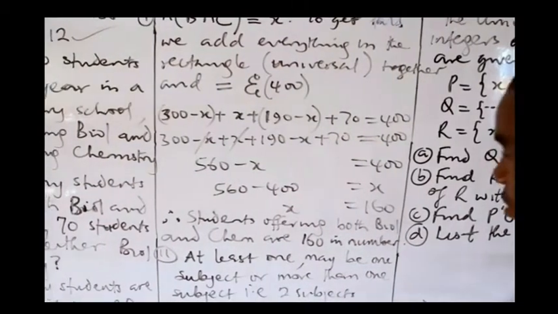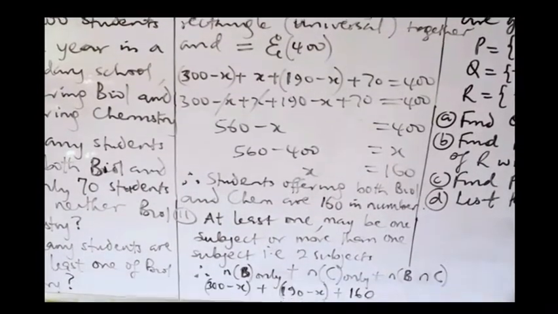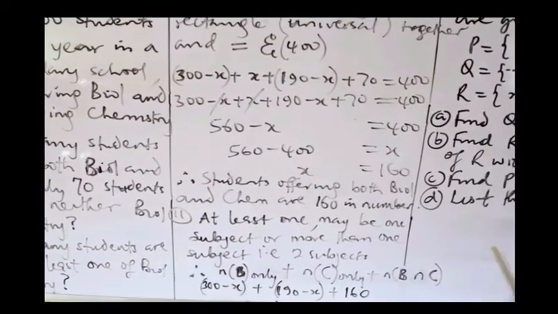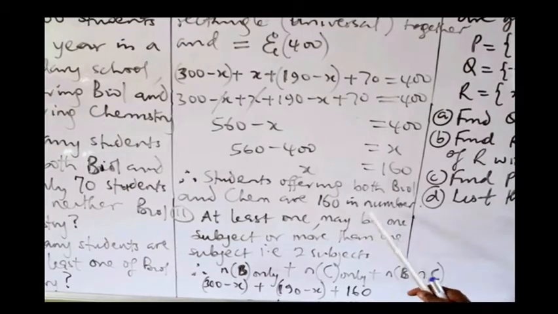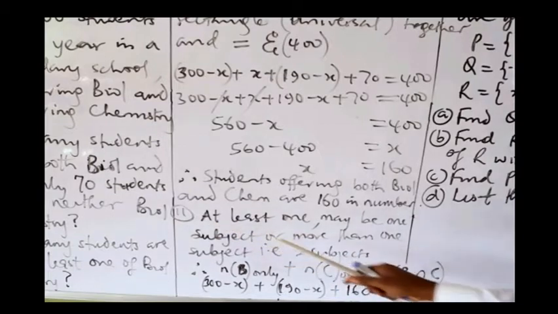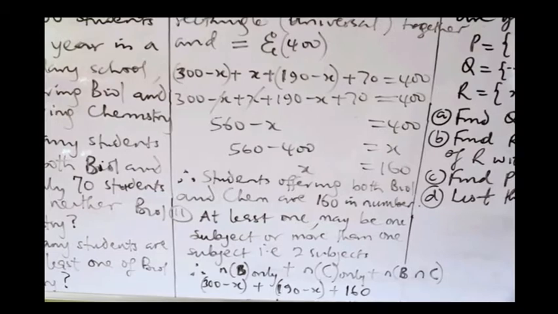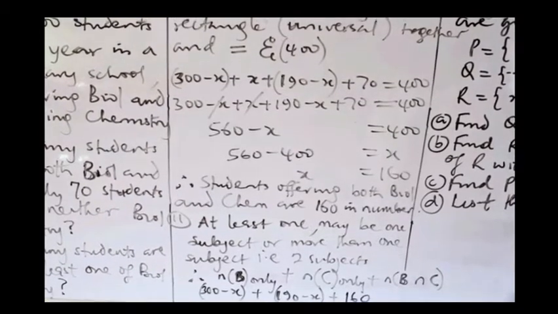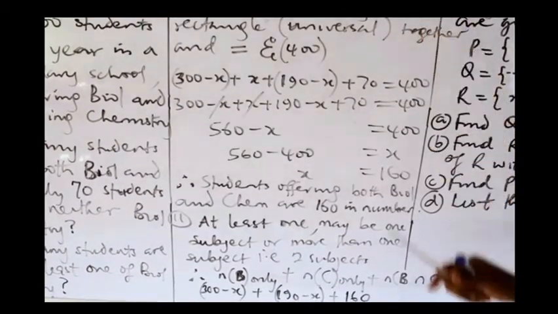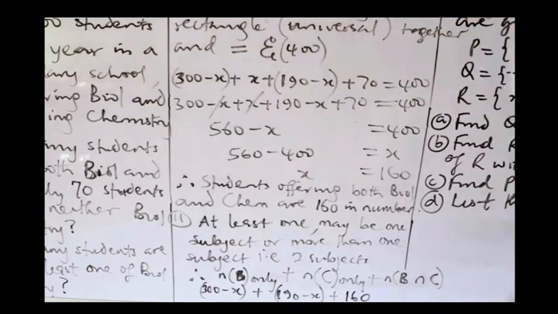And then the second one: students that offer at least one subject. Let's understand that very well before I go further. At least one means it can be one or more than one. But we know fully well that in this question we have only two subjects.